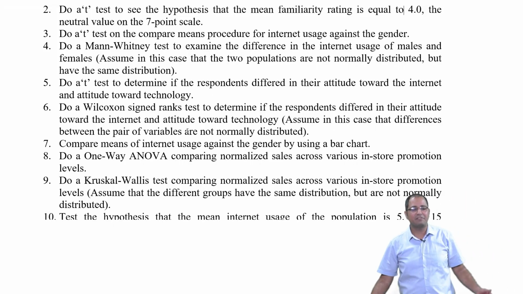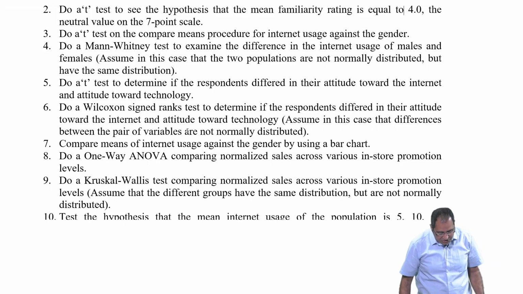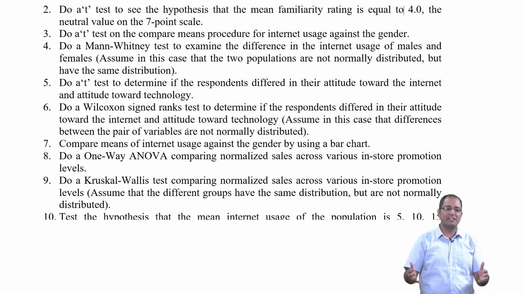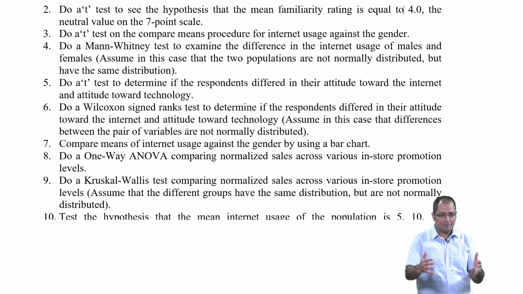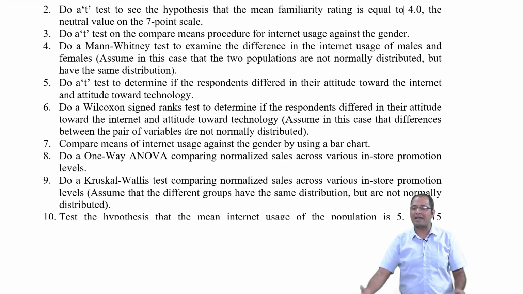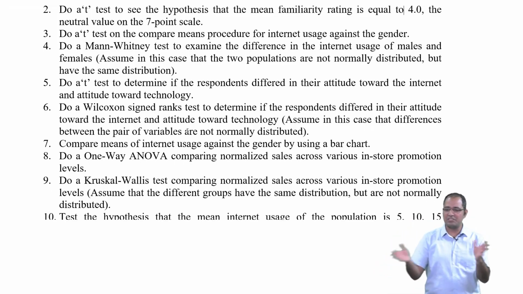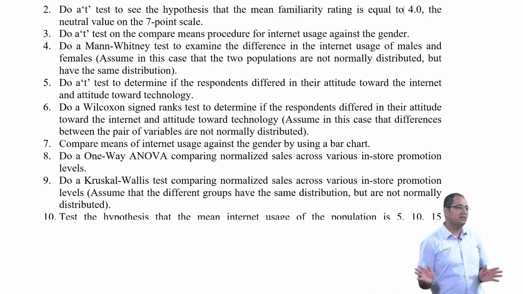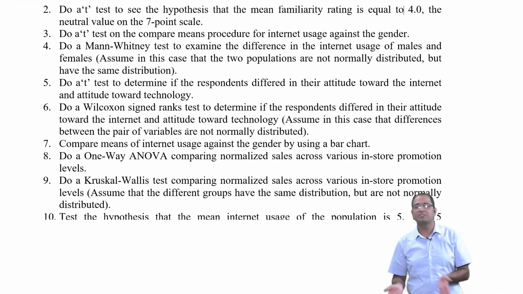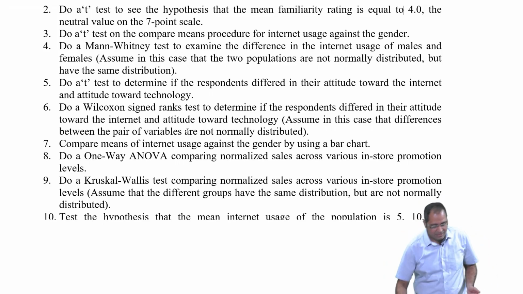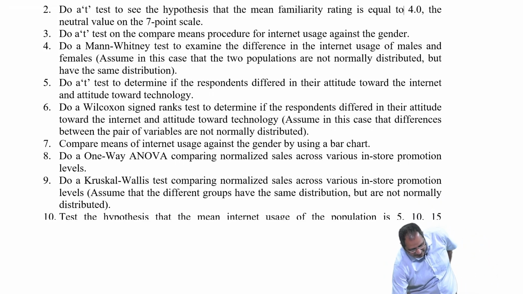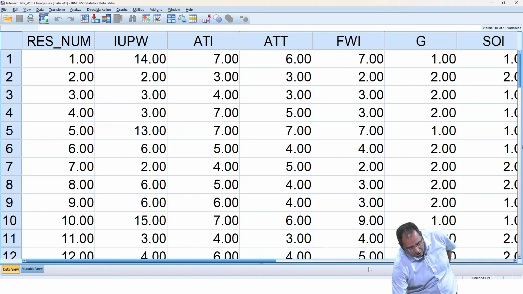The assumption is that the differences between the pair of variables are normally distributed in the population; then you use the parametric version. Otherwise, if the assumptions are not met, or if you do not want to check the assumptions, use the non-parametric one, the Wilcoxon signed rank test, an alternative to the paired t-test.